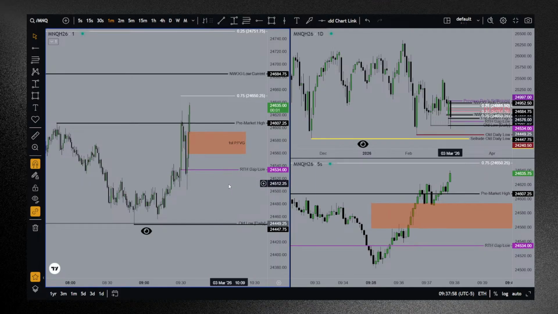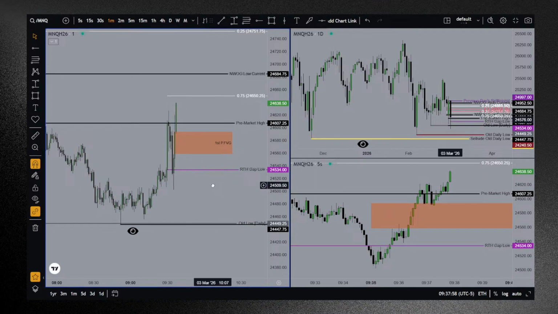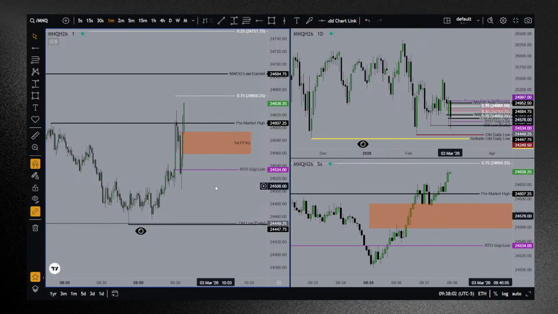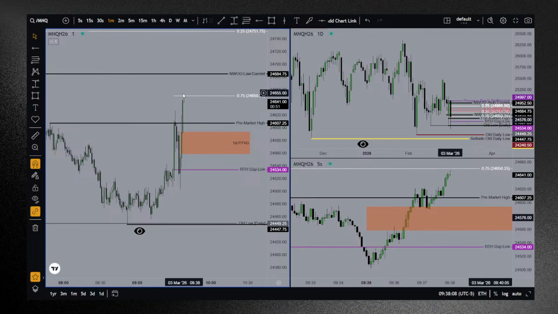Alright, so this is the first presented fair value gap for today. Taking this short-term buy side, and now I want to see how and if we can reach this lower quadrant of the opening range gap.